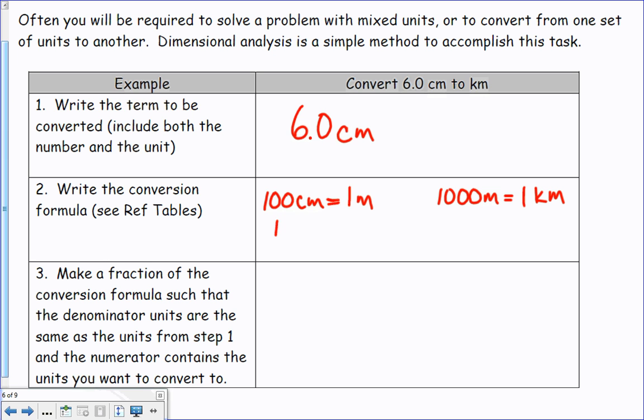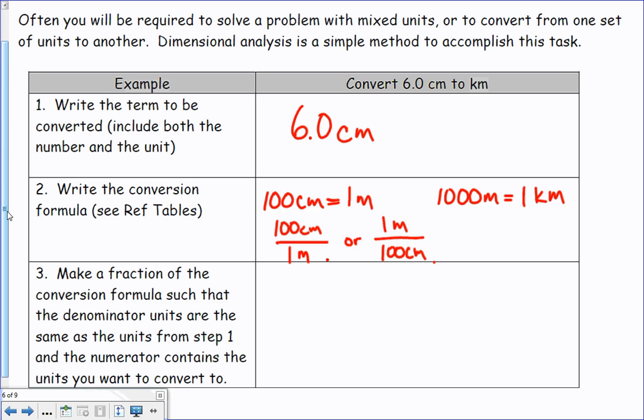So I could write this equality as 100 centimeters over 1 meter, or 1 meter over 100 centimeters. Before you get confused, just think about it. 100 centimeters is 1 meter, and anything divided by itself is 1. Well, 1 meter is 100 centimeters, and anything divided by itself is 1. Our question now is, do I use the first conversion factor or the second?